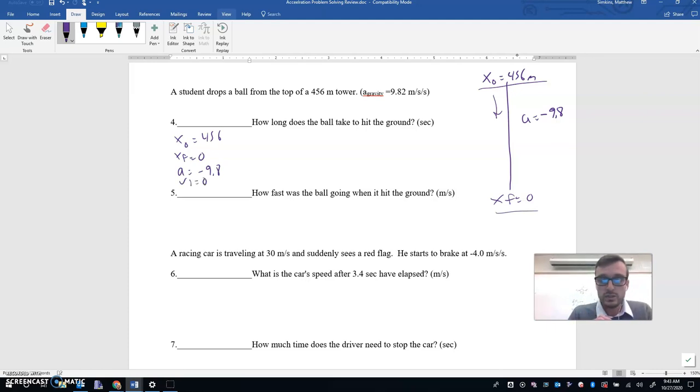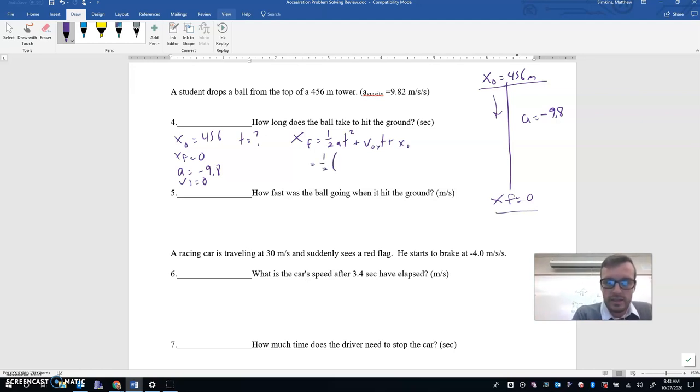Looking at this question, what we don't know is VF, right? So we're going to try to avoid VF when we pick our equation, and we do need an equation with T in it. Well, the only equation that doesn't have VF and does have T is our last one on our equation sheet: 1/2 AT squared plus V initial times T plus X initial. All right, let's take a look at this one.